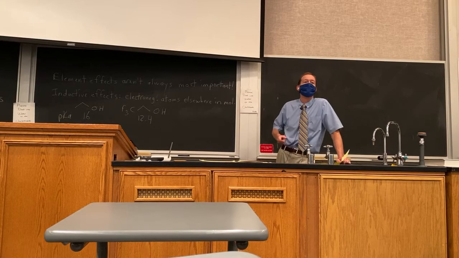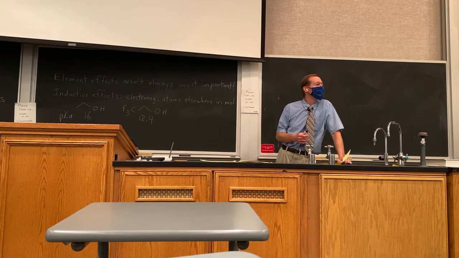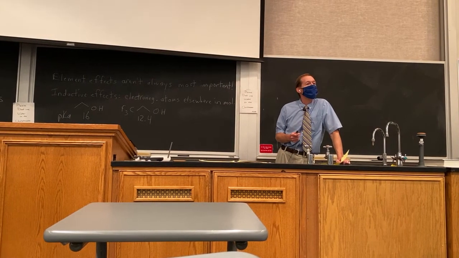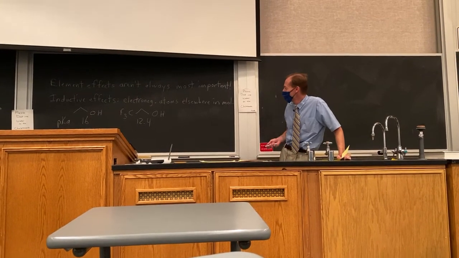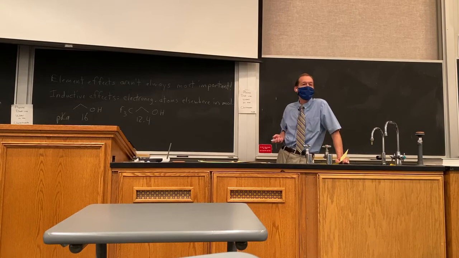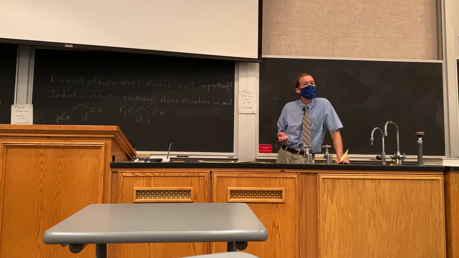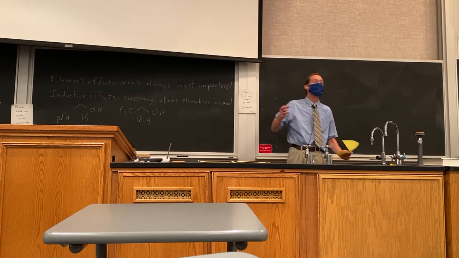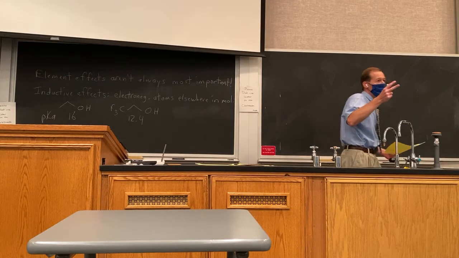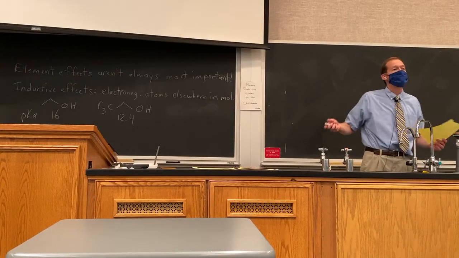How much stronger is it? Okay, close to 10,000, right? No, that's correct. So what's the difference in pKa units here? Right, 3.6, so it's between 3 and 4. If the difference was 3, what would the difference in relative acid strength be?